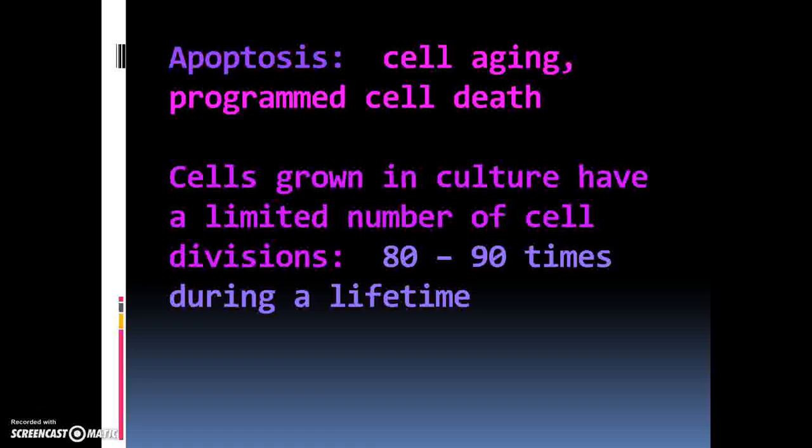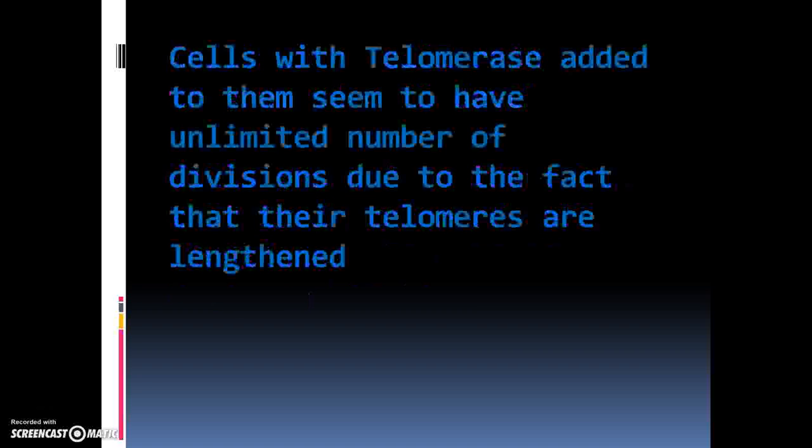Once we start losing telomeres, like we said, we start losing genetic information, and that's going to be an issue for our cells. So we have a limited number of cell divisions. But the ones that have telomerase seem to have an unlimited number of divisions because we can just add more repeated subunits to the telomeres.